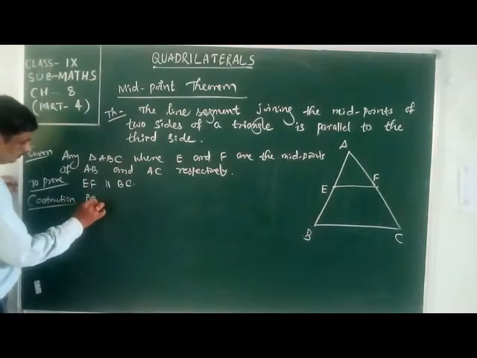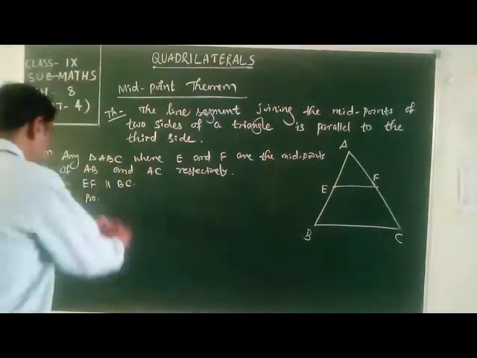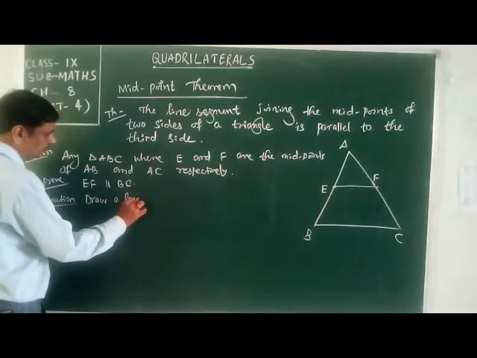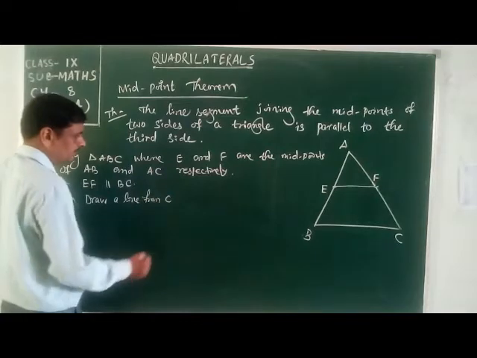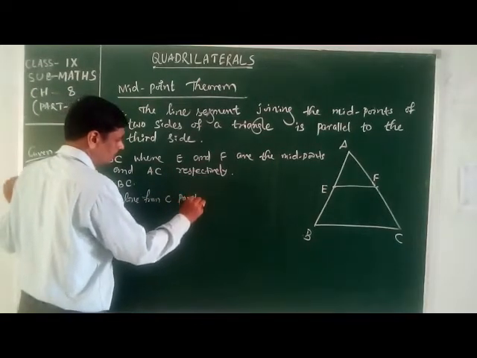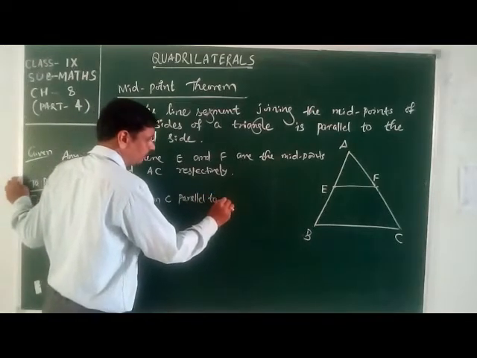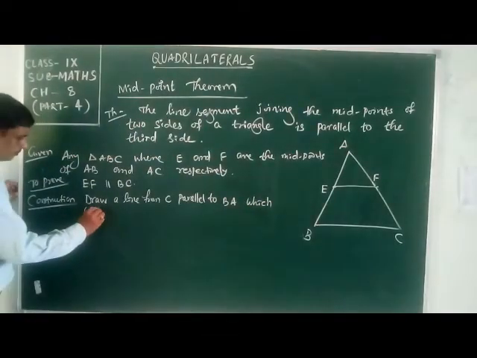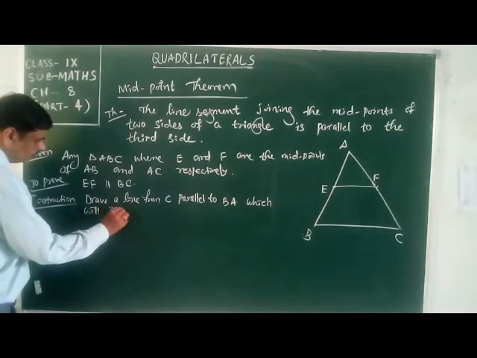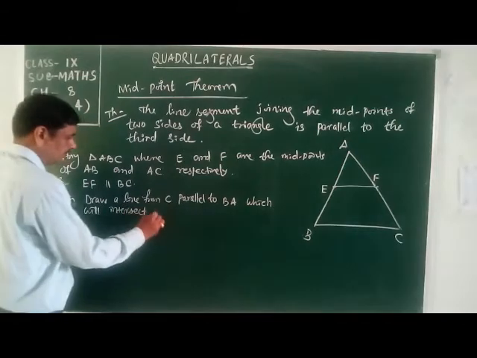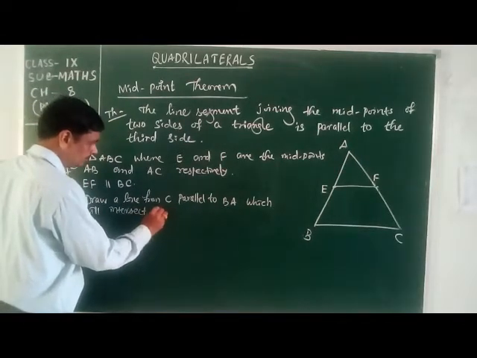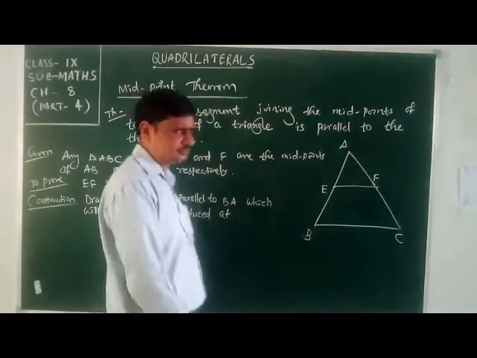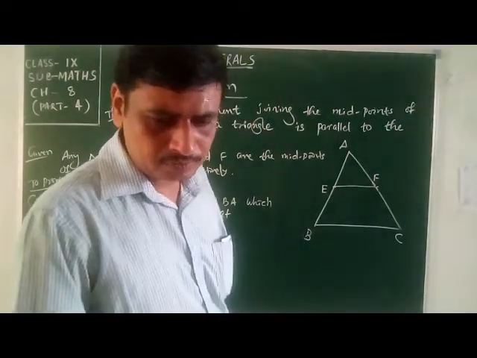Construction: Draw a line from C parallel to BA, which will intersect EF produced at D.